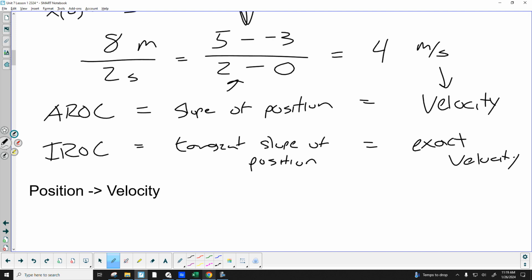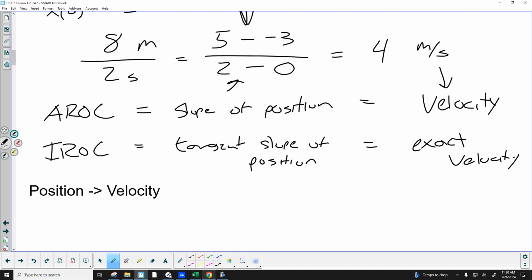What does that mean? What I'm trying to ask you is, what is another word for tangent slope, for instantaneous rate of change?